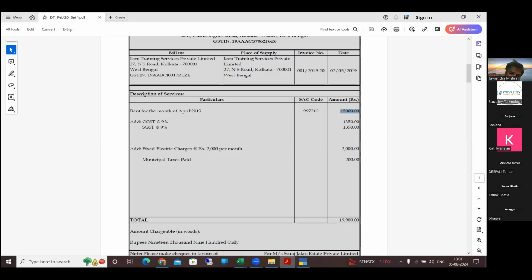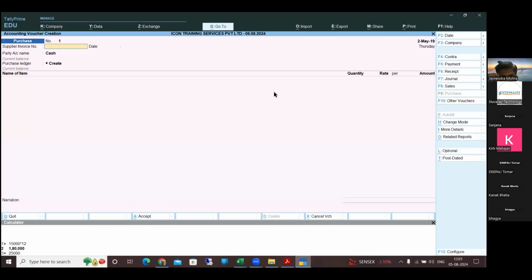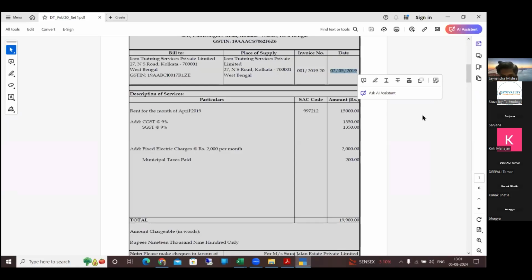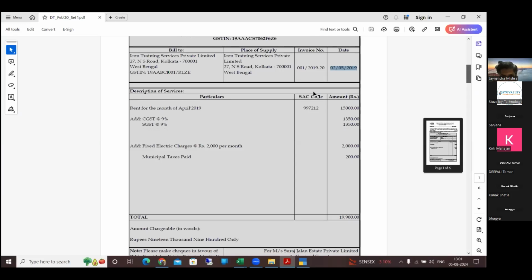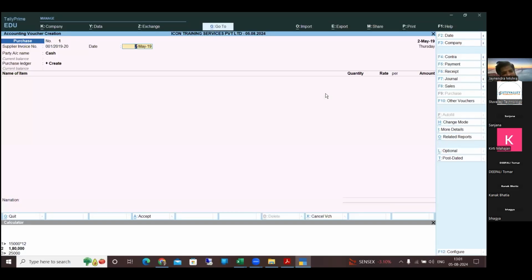Then the invoice number. Where is the invoice number? See here we have the invoice number. You just copy it. Control C. Control V. Date 2nd May.